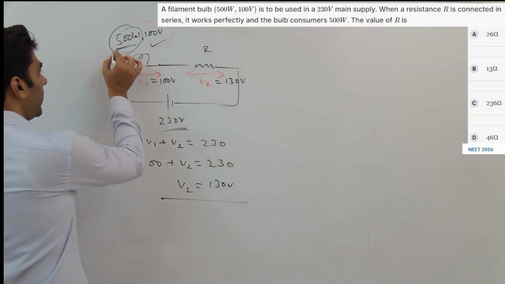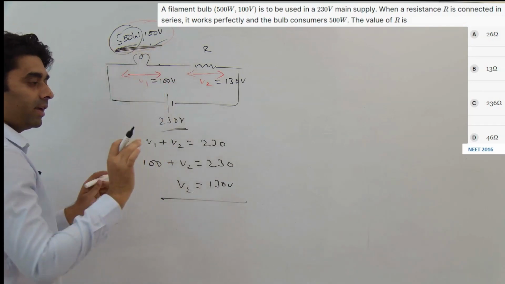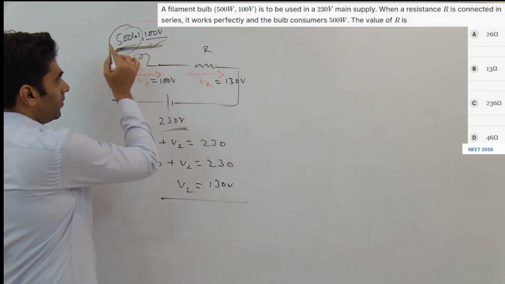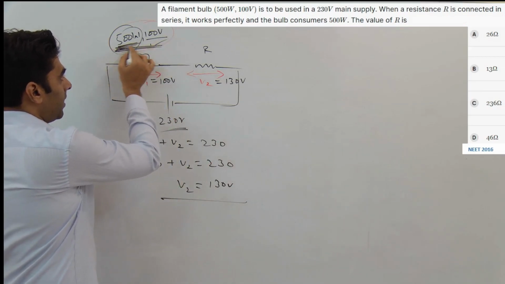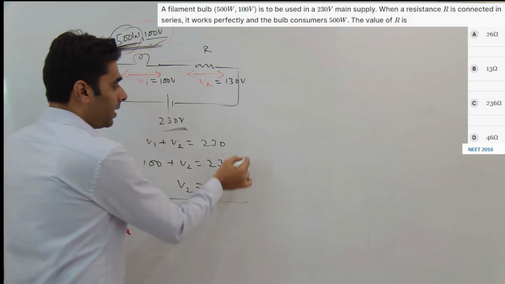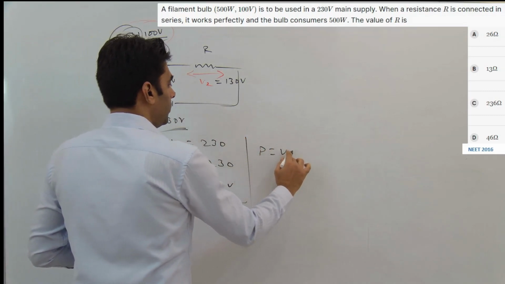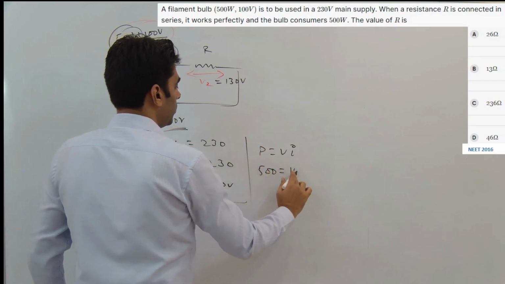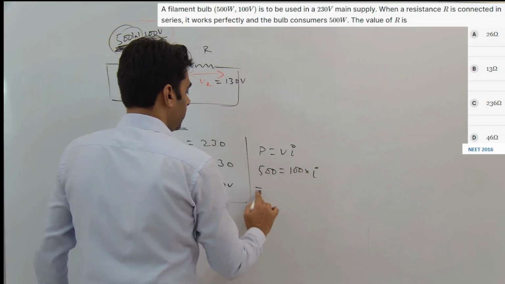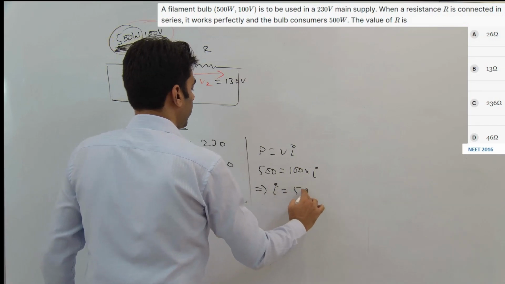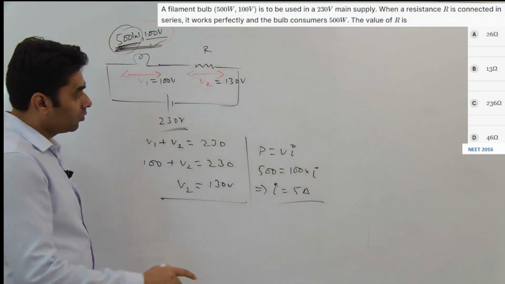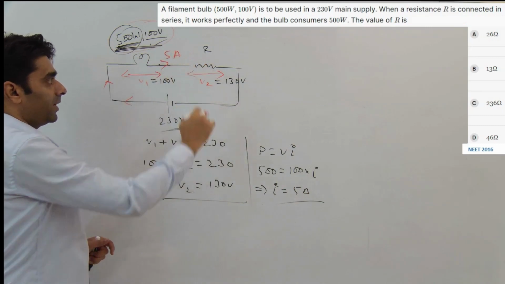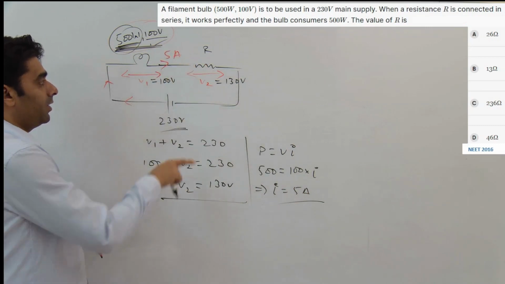How do we find out? We know that this bulb is working according to its rating only. That means it is getting potential difference 100 volt and the power is 500 watt. We know power is equals to V into I. So we can write 500 is equals to 100 into I. That implies current will be 5 ampere. I hope this point is okay. So 5 ampere current is flowing through the resistance.